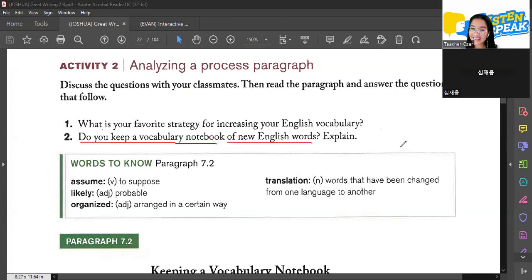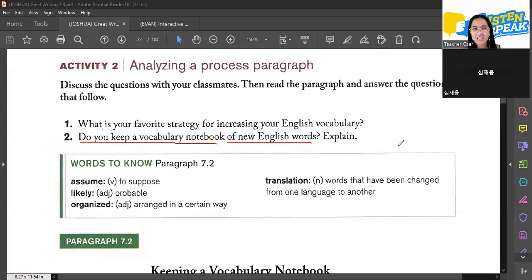No. Okay. Because I remember when I was a college student, I also read a lot of books. And after reading books, I would take down notes, some words that I'm not familiar with. After that, I would search for its meaning and then list those words with definitions on a notebook.